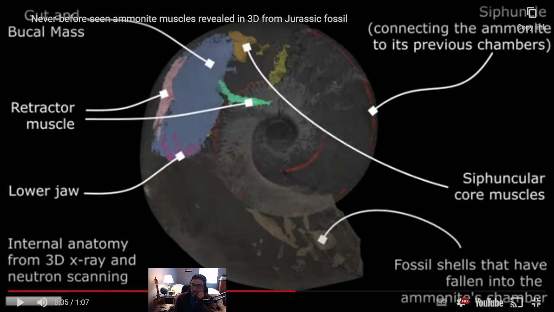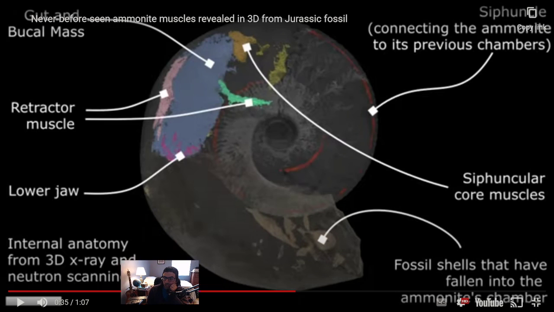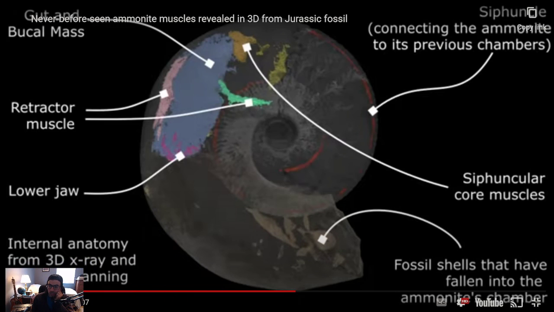So that's what it says. Internal anatomy from 3D X-ray and neutron scanning. Siphuncle here around the edge, so it goes around the edge. Enters, goes around the edge. I guess it does really go around an edge too.